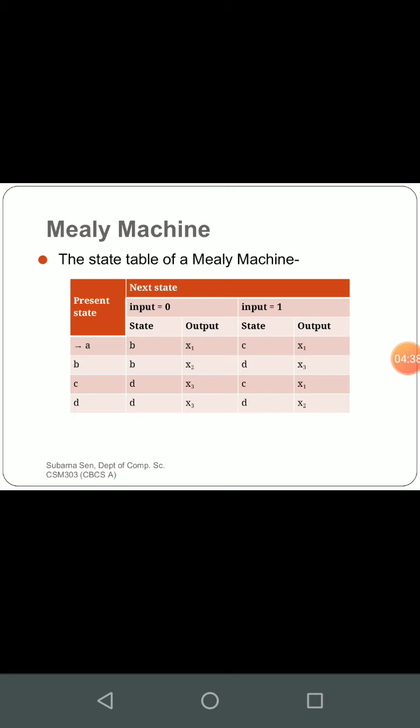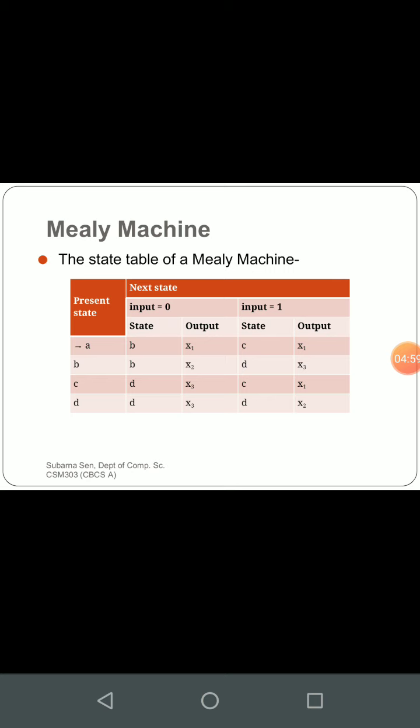A comma 0 will give our x1, right? So first delta will do for a particular input at one state to which state it is transiting, and X will do for a particular input at one state, what output it is generating. Next, obviously Q0 will be the initial state, that's all.